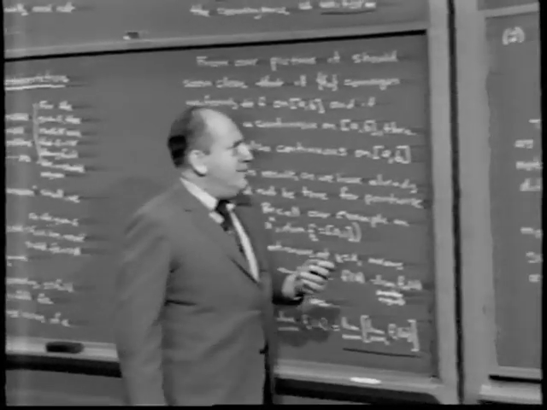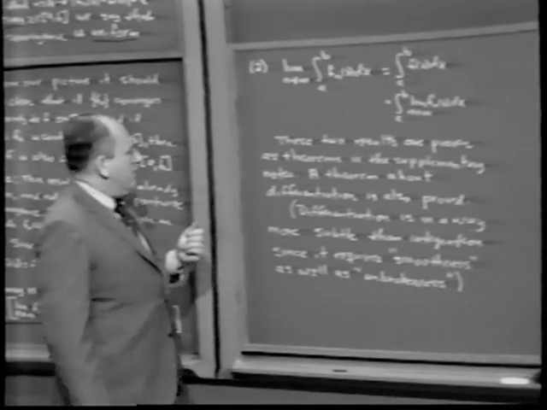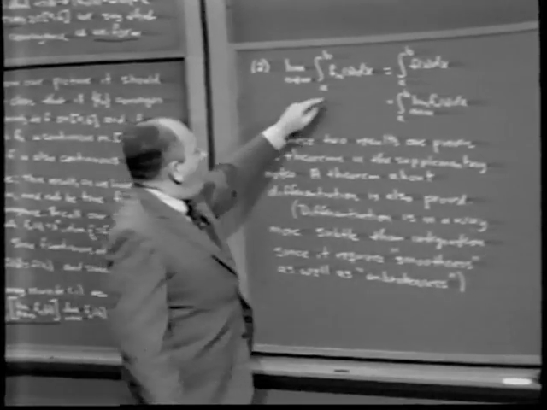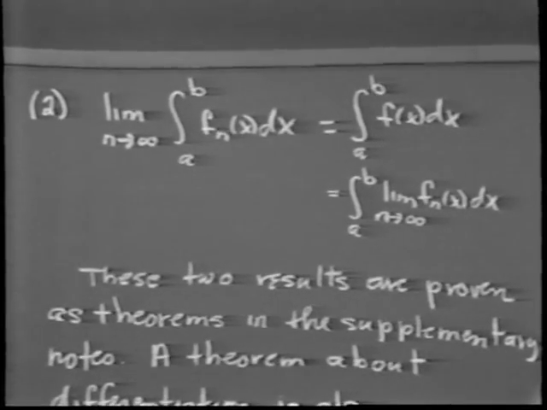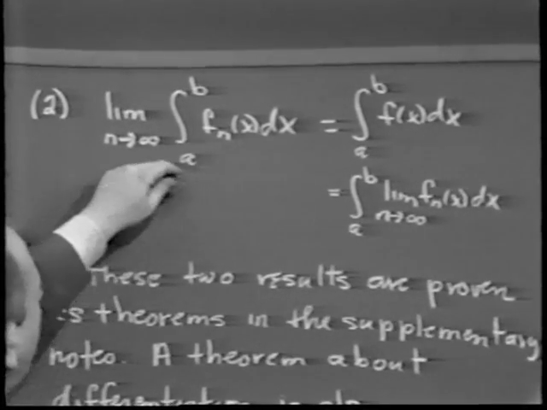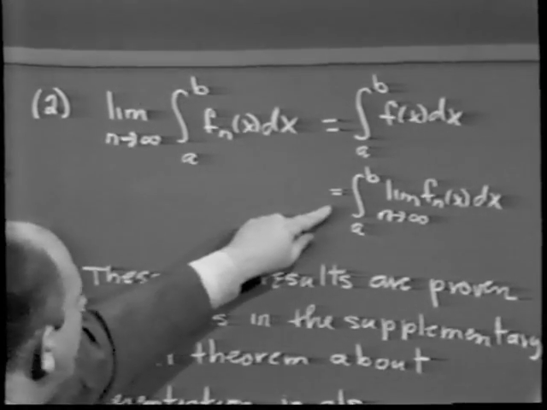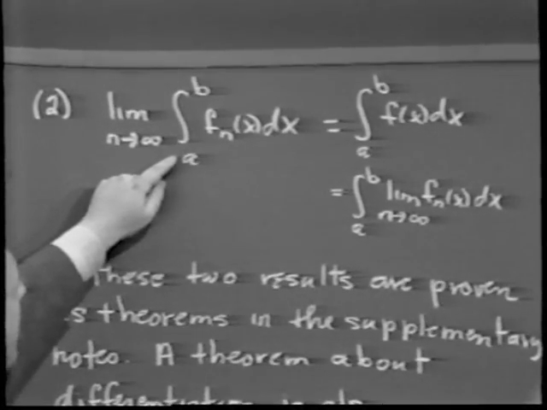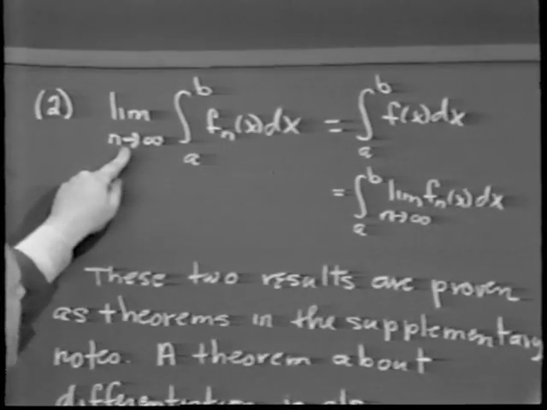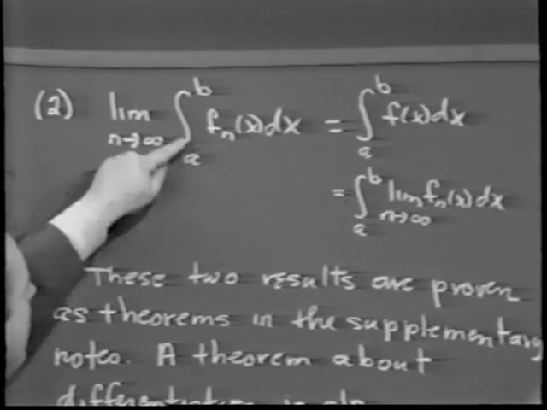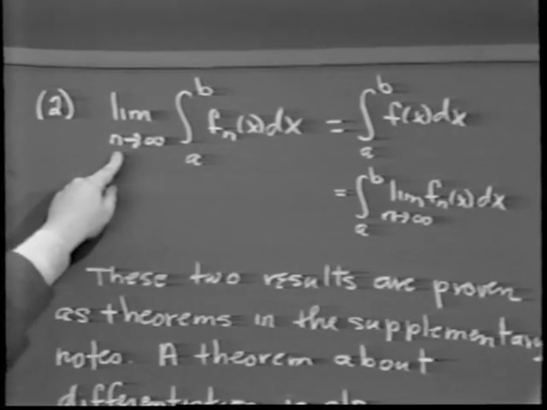Let me continue on here. Let me tell you another interesting property of uniform convergence. Suppose the sequence f sub n of x converges uniformly to f of x on AB. The interesting point is that you can reverse the order of integration and taking the limit in this case. If you want to compute the integral of the limit function from a to b, you can instead compute the integral of the nth member of your sequence and then take the limit as n goes to infinity.